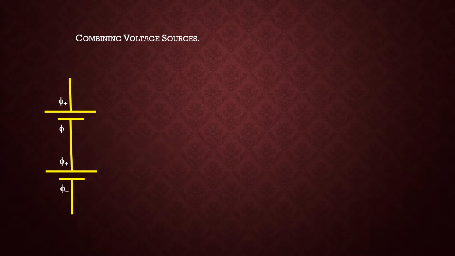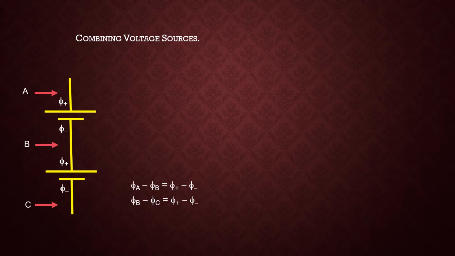Okay. If I now examine the potential between point A and point B, I have a potential difference of phi plus minus phi minus. If I now look at the potential difference between B and C, I get phi plus minus phi minus again.